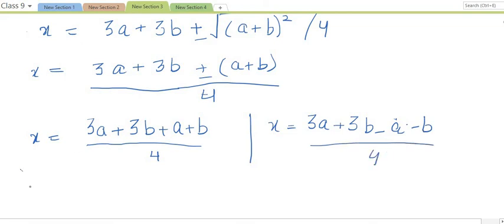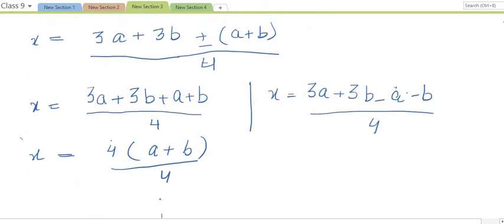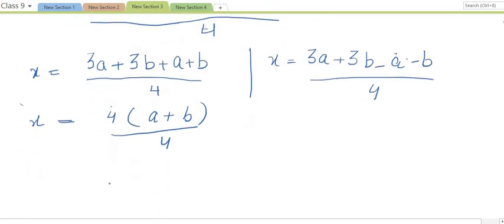This becomes x equals 3a plus a, 4a, and 3b plus b, 4b. We can write it as 4 times a plus b divided by 4, which becomes x equals a plus b. Clear?